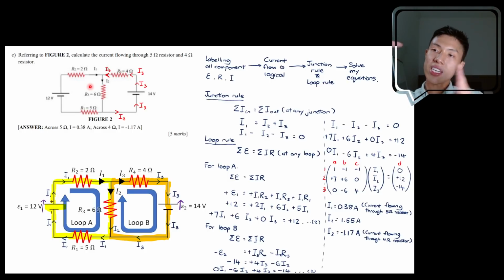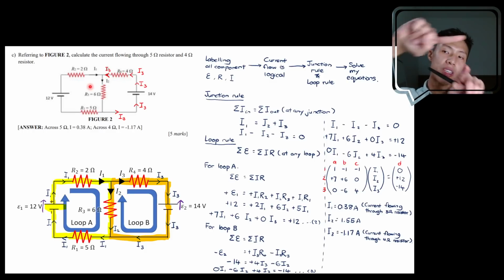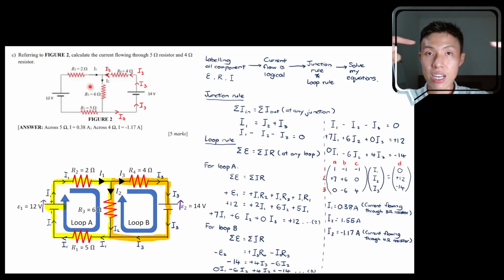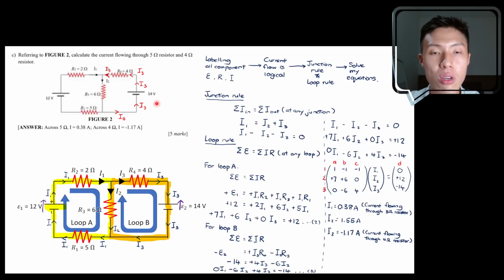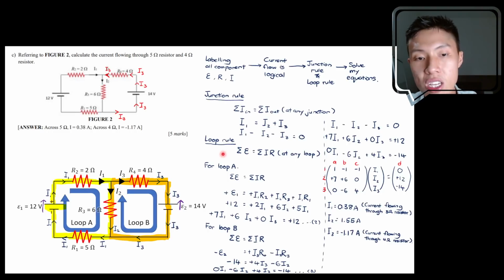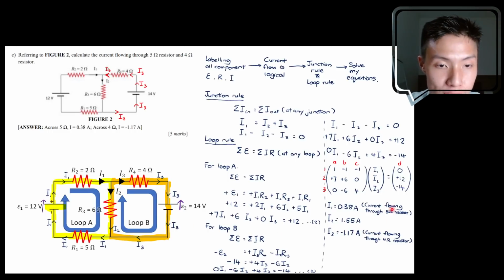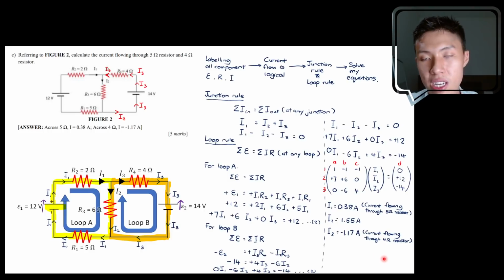So instead of saying that the current flows like this, then splits into I2 and I3, now the story is I2 and I3 come together, combine, and enter this branch. If you encounter this kind of situation where you get a negative answer, you can redraw the circuit diagram after the whole Kirchhoff rules working.